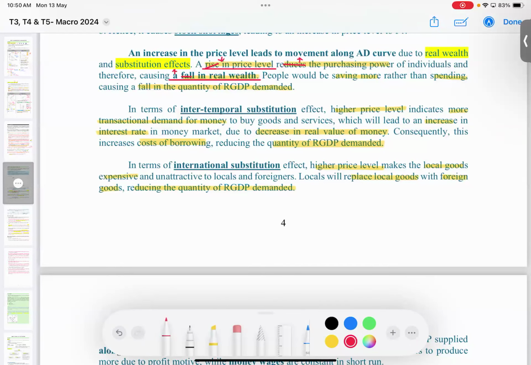So people will save less and spend more, causing a rise in the quantity of real GDP demanded. You just need to play around with the terms.